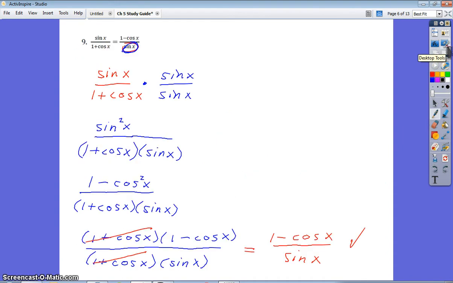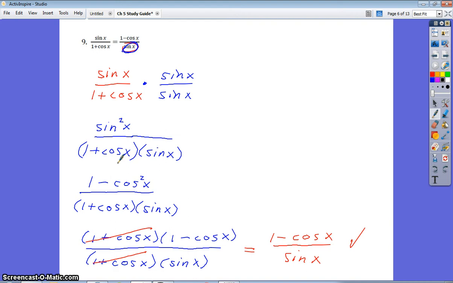Okay, so in number 9, I was trying to manipulate the left and the right, and I noticed that I wanted a sine in the denominator on the right, so I multiplied the left by sine over sine. And I multiplied the two sines to give a sine squared up top, but I kept the denominator factored.